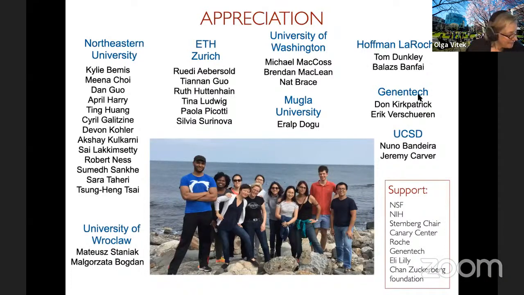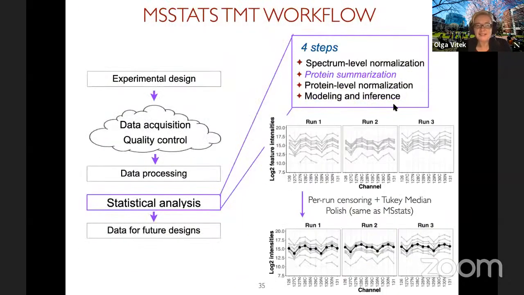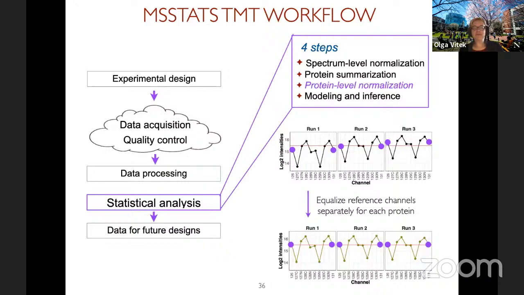Could you please repeat in which cases we need a reference channel? I would say always. So essentially, the purpose of the reference channel is, okay, so we do not need a reference channel if you only have one mass spectrometry run.